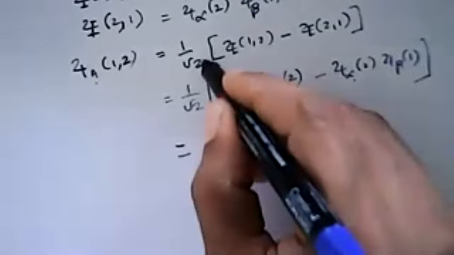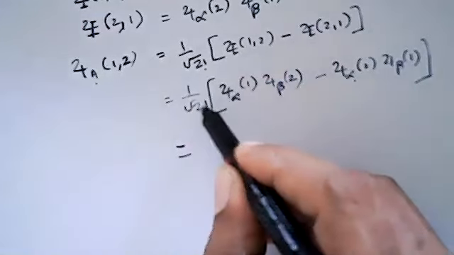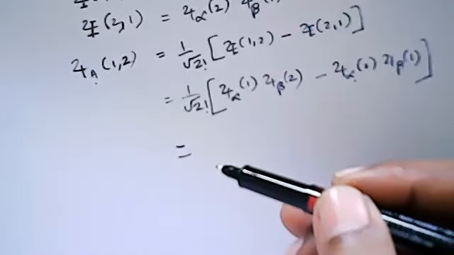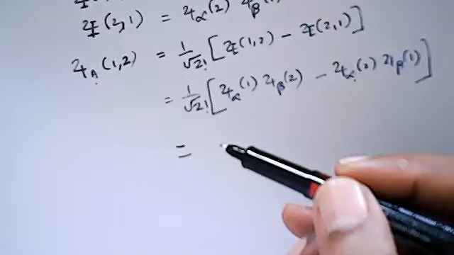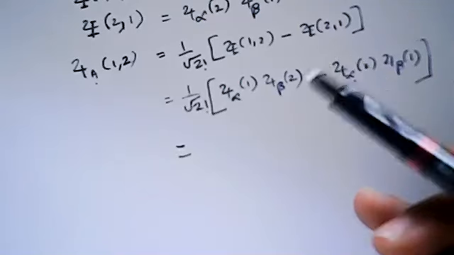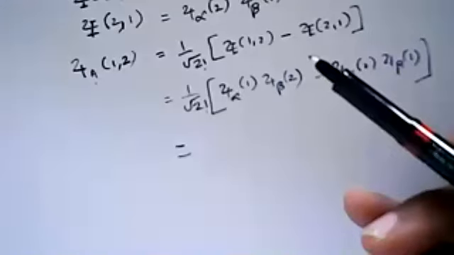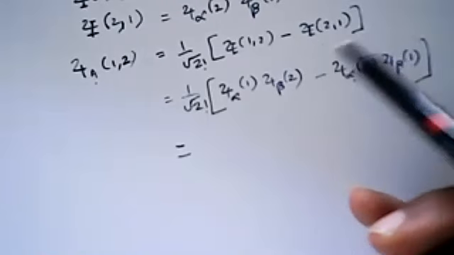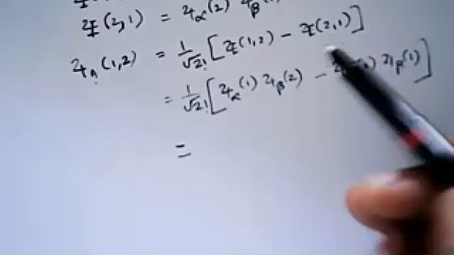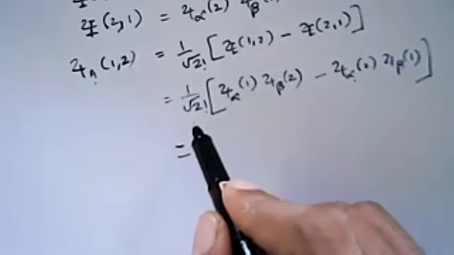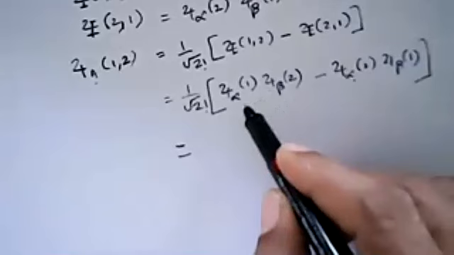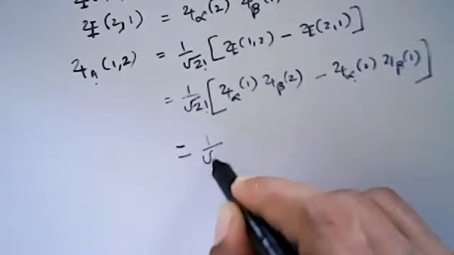The factorial becomes relevant when you consider more than 2 particles, because if you consider 3 particles A, B, C, you will have more exchanges. In a 2 particle system we have only one exchange, but in a 3 particle system 3 factorial exchange operations are possible. So actually this becomes n factorial. So you put a factorial here, 2 factorial. So this is a determinant with 1 by 2 factorial.